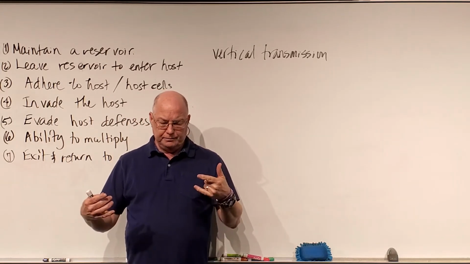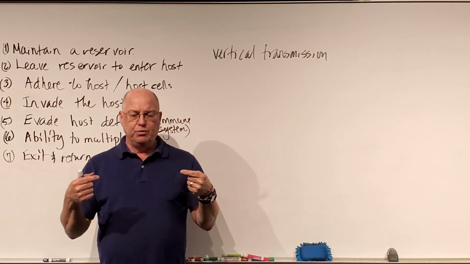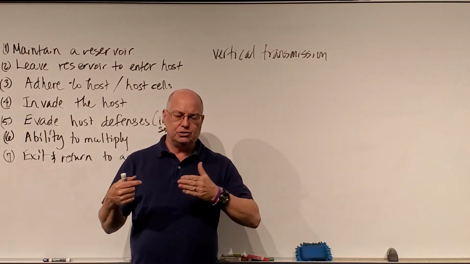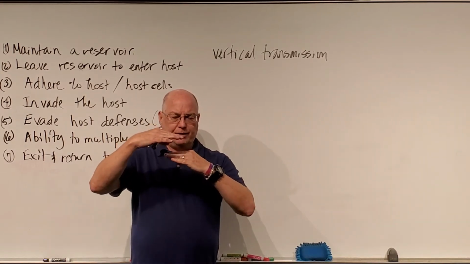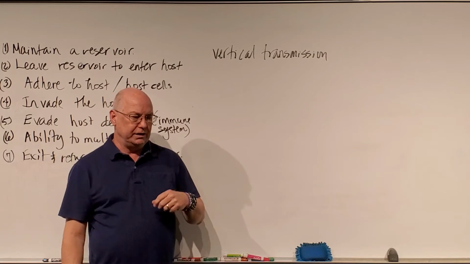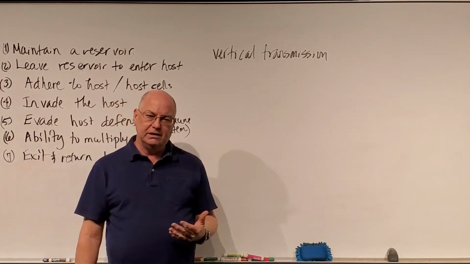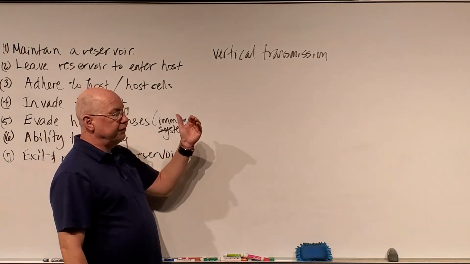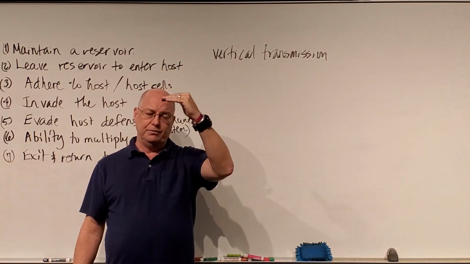In horizontal transmission amongst humans, we transmit the disease from person to person who are not in a parent-child relationship, like making out with someone, having sex with someone, or coughing and sneezing near people. But in vertical transmission, we're going from one generation to the next, or from the mother to child.